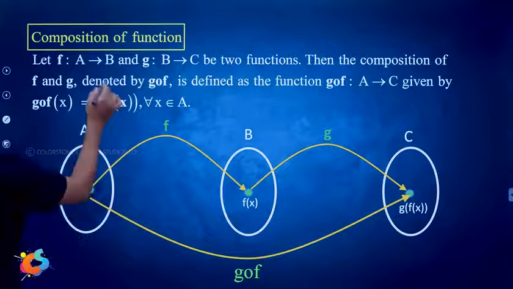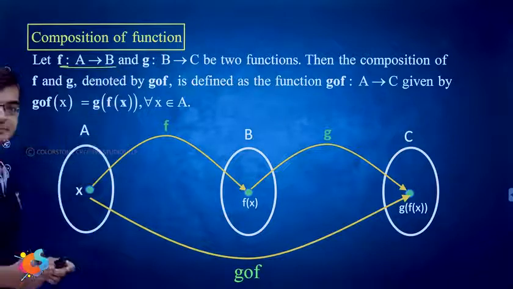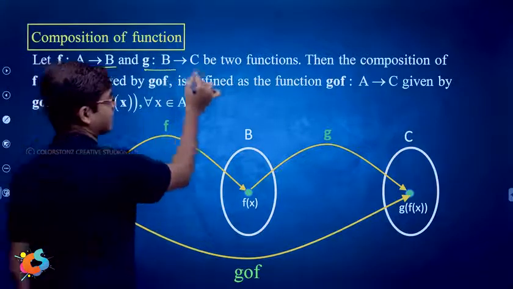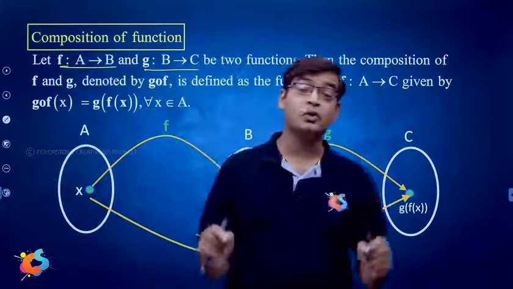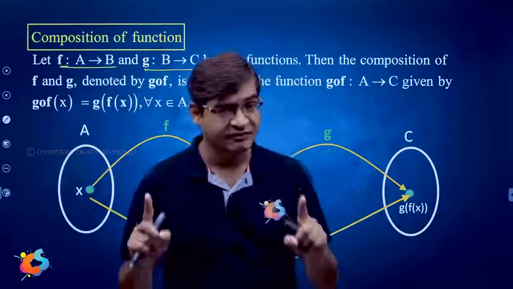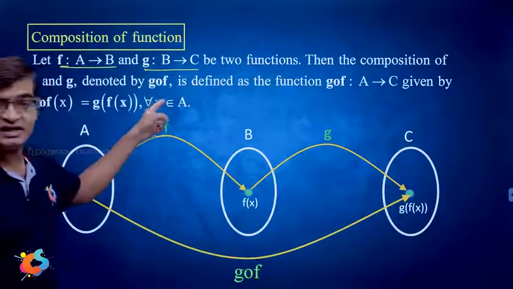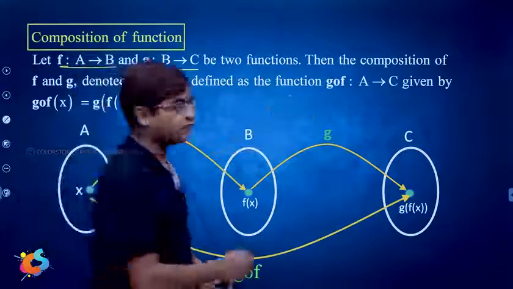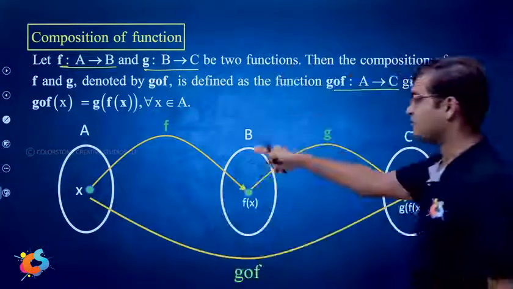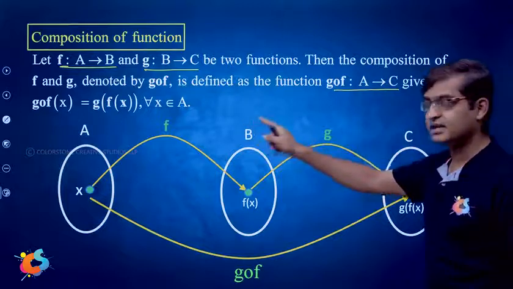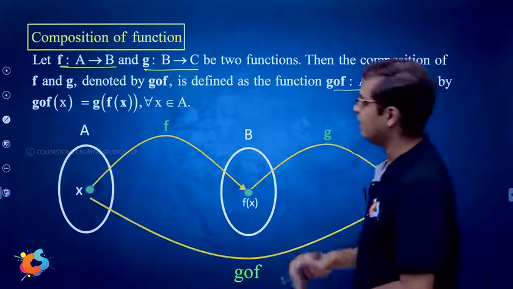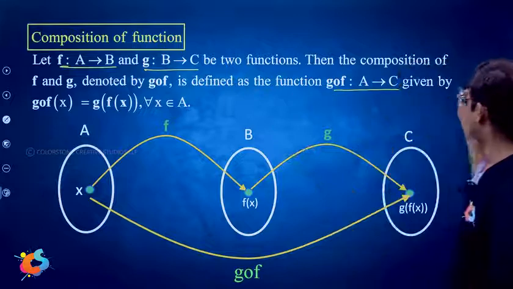Let us study the same thing. Let f be a function which is mapping from A to B and g be a function which is mapping from B to C. Then the composition of the two functions f and g, defined by g circle f, is mapping from A to C, given by g circle f of x is equal to g of f of x. Till here everything is very simple.